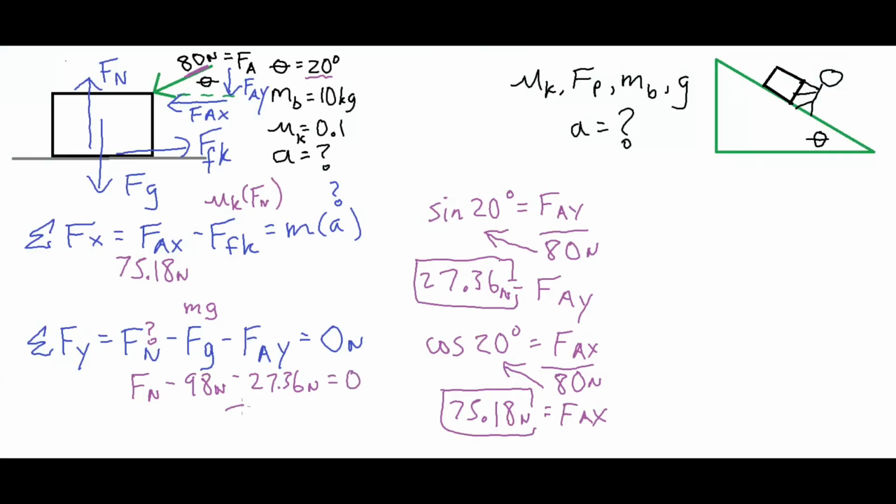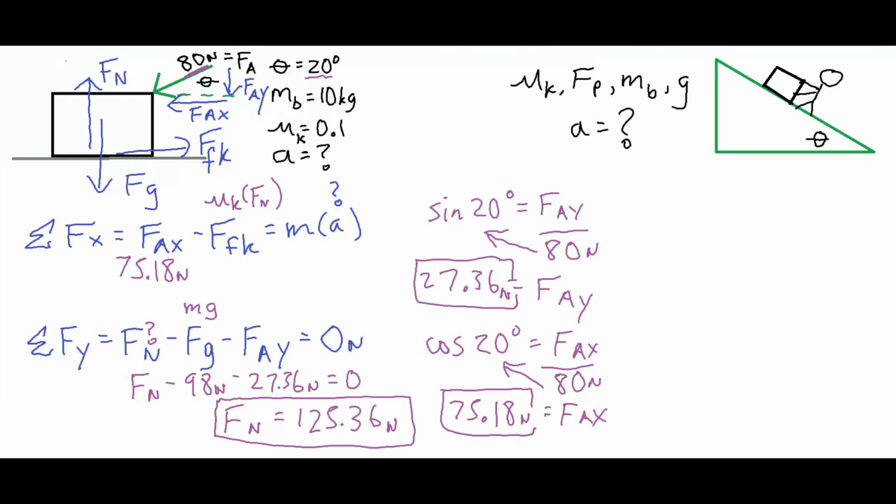So I'm going to solve for my Fn by adding 98 and 27.36 to the other side. And then I got 125.36 newtons. Okay, now remember, Fn isn't equivalent to Fg in all cases if there's some other vertical forces.